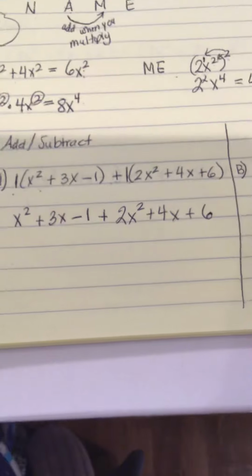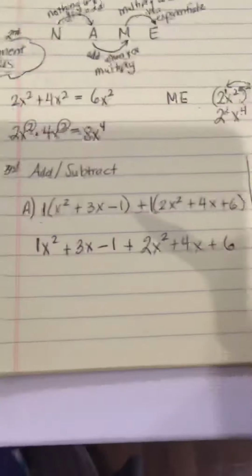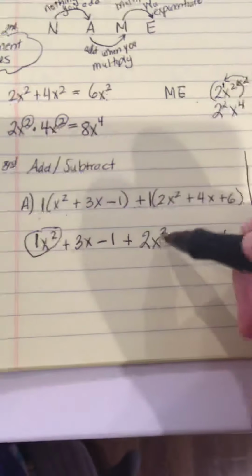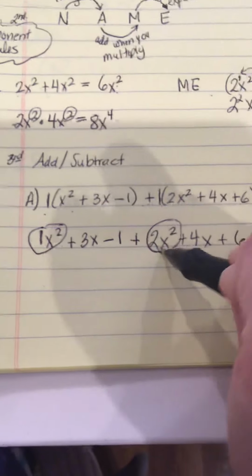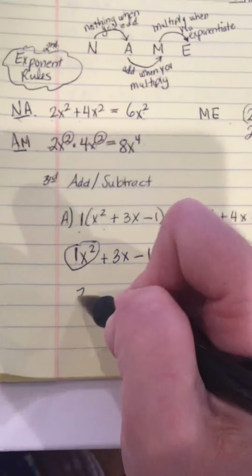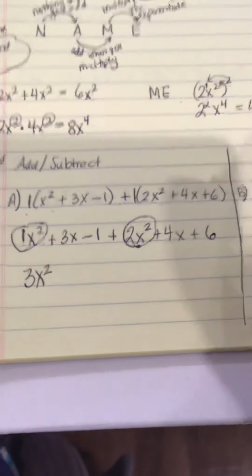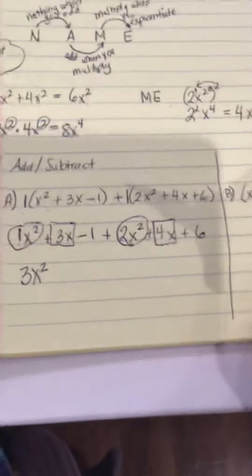Okay, now we're going to add like terms. Put a 1 in front of this, and this one matches this one. You do nothing to the exponents when you add. So you do 1 plus 2 and you get 3, and you keep the exponent squared. Now I'm going to add 3x and 4x.